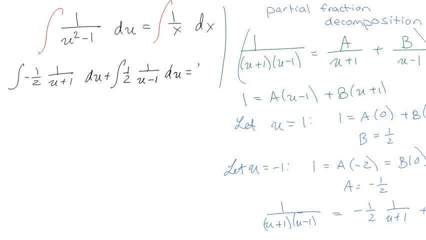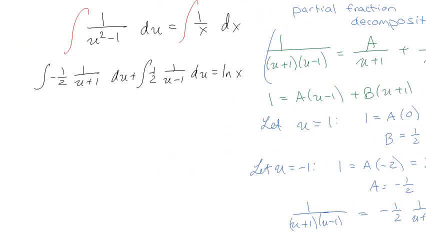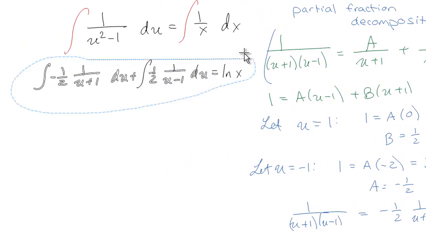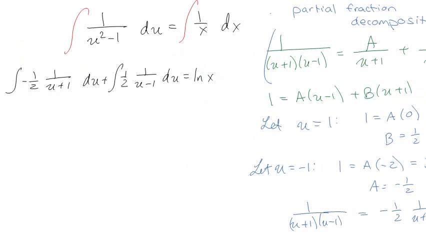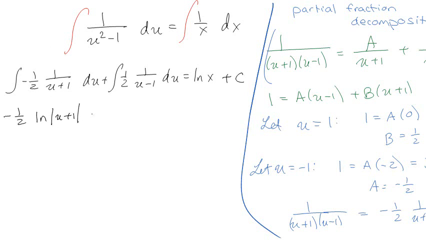And then the right side integrates to natural log of x plus C, because we need a plus C somewhere. I can pull the negative 1 half out, but 1 over u plus 1 is going to integrate to natural log of u plus 1. And then the next one is going to come out to the natural log of u minus 1.